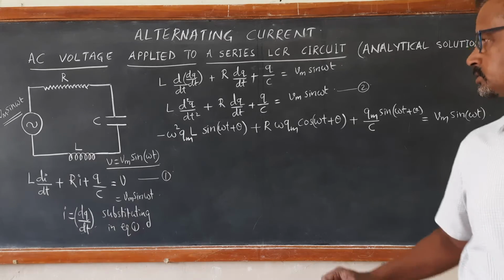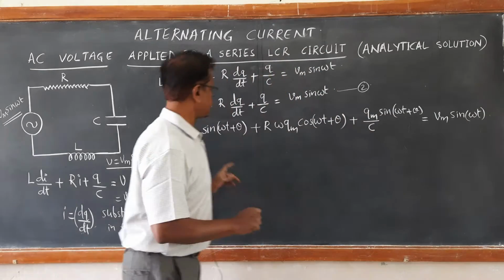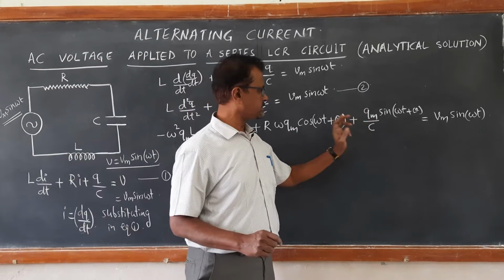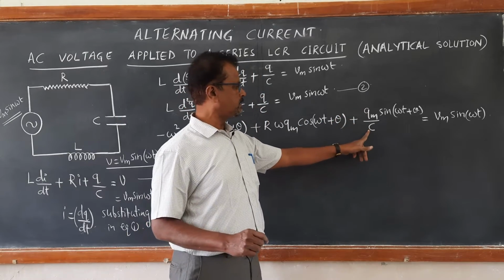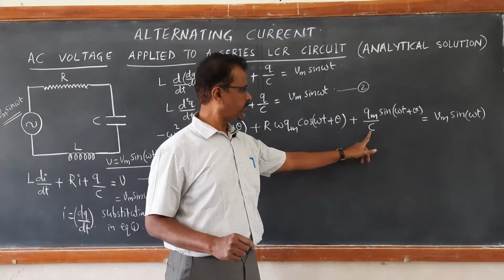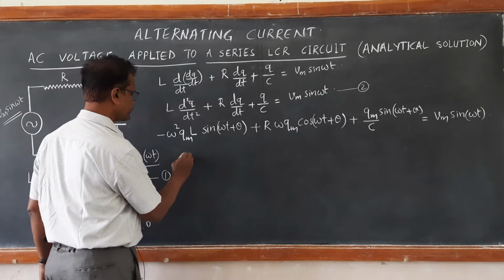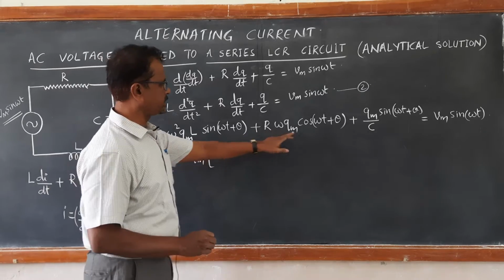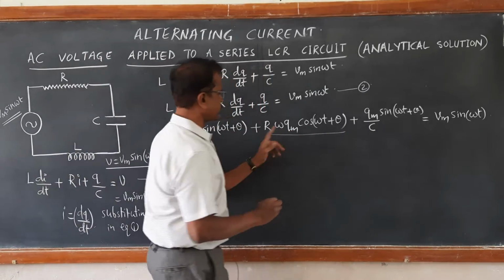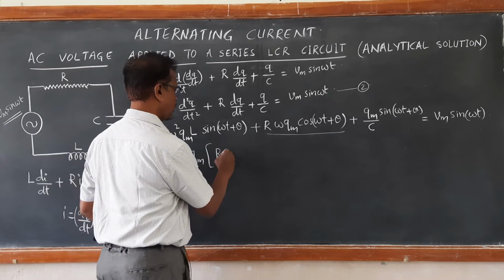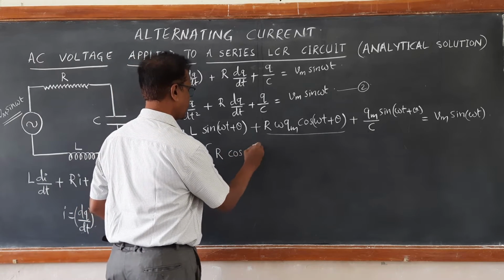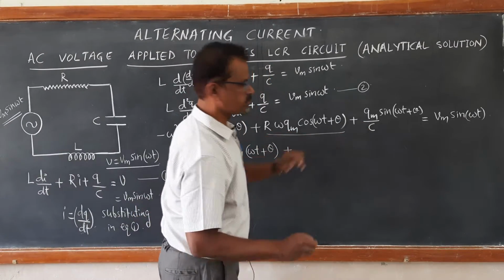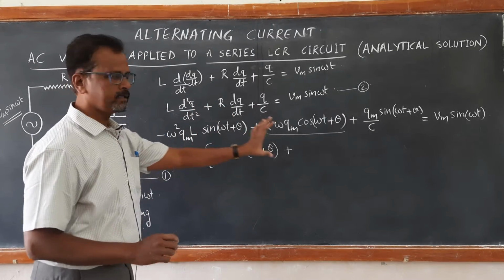Now taking out omega qm as common: here qm omega is there, and here also, and here qm is there. So if you take out qm omega, in the denominator you will be left with 1 omega. So taking out omega qm common and rearranging, I will write this equation first. Omega qm, when it is taken out, you are left with R into cos(omega t plus theta), plus the positive term first, and finally the negative term.